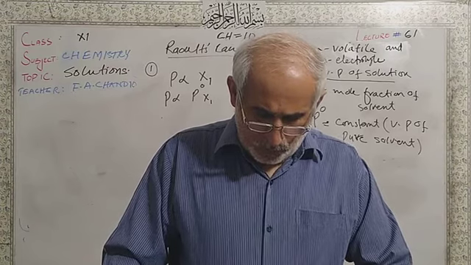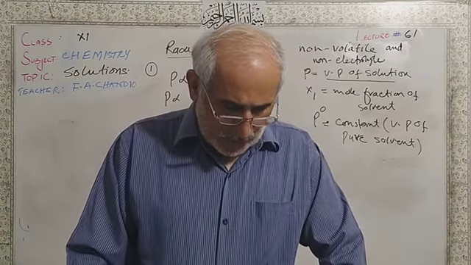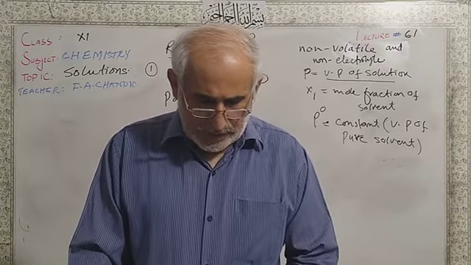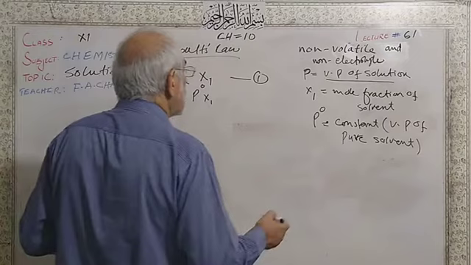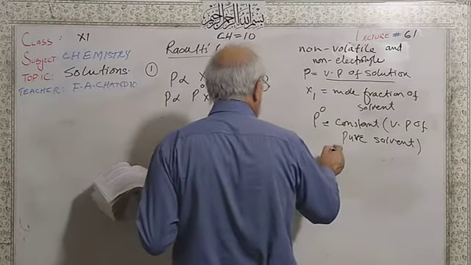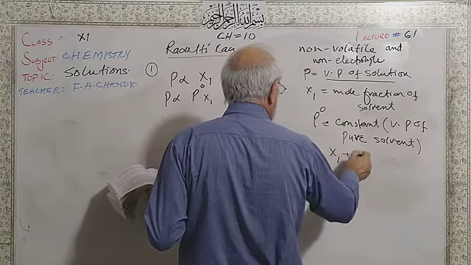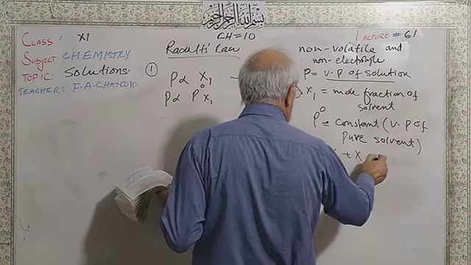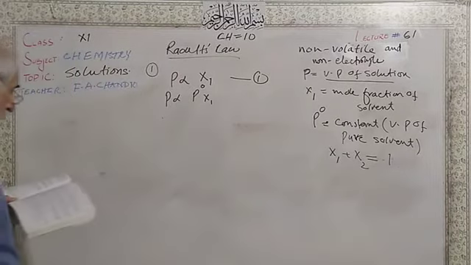A more common form of Raoult's law is obtained by simple rearrangement. We have binary solutions. You know that X1 is the mole fraction of solvent, X2 is the mole fraction of solute, and X1 plus X2 will always be equal to 1.